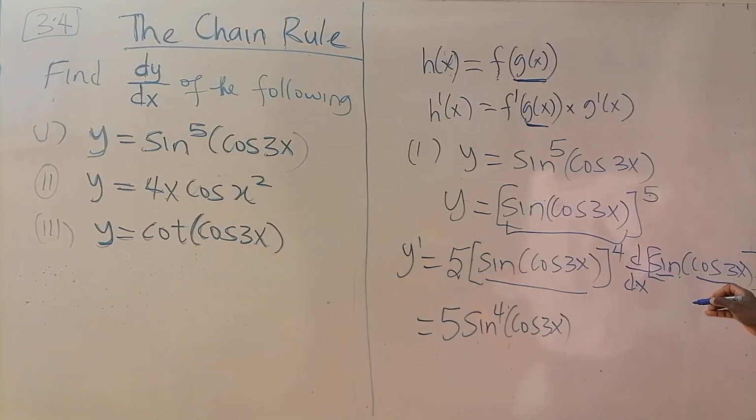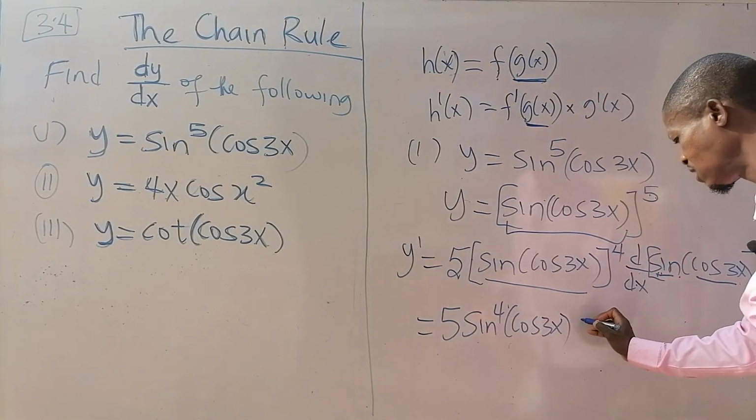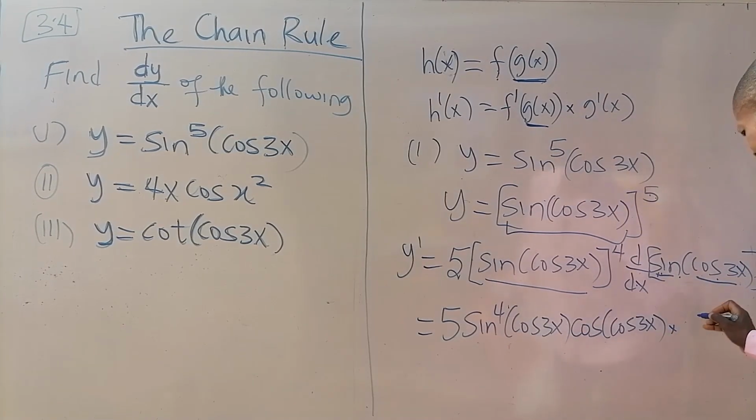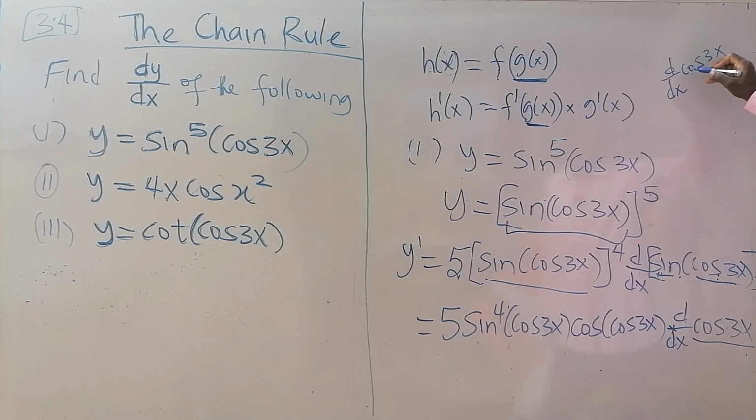Then for this one, you differentiate the outer one first. The derivative of sine is cos of the inner function. Then you differentiate the inner function, that's d/dx of cos 3x. This one will also have the outer and the inner.